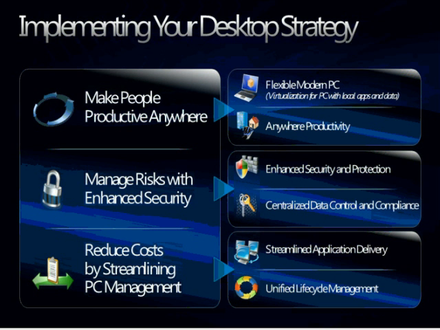The second component of our desktop strategy should really focus upon managing the risks through enhanced security. What does this mean? In 2009, there was a survey conducted by an organization called the Ponemon Institute, and they estimated that the average cost of a data security breach was $6.6 million US.